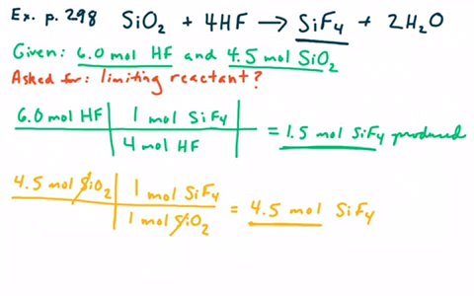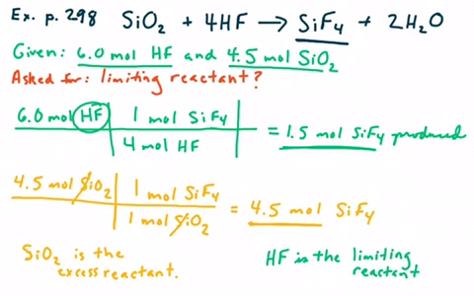Because the hydrofluoric acid results in a smaller amount of product, it will be our limiting reactant. So in this case, HF is the limiting reactant. In contrast, silicon dioxide is the excess reactant. It's what will be left over.